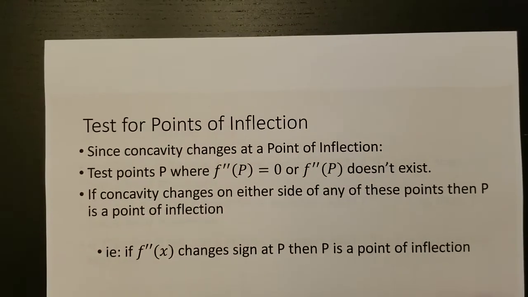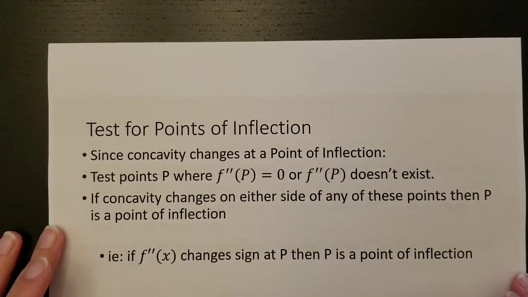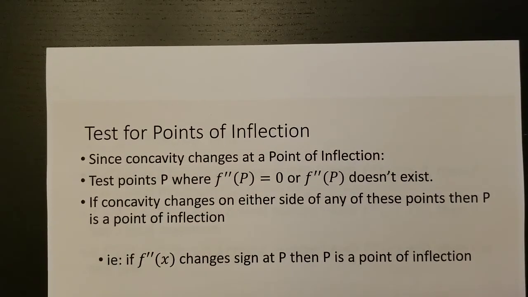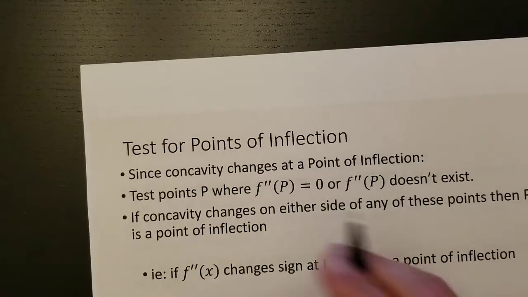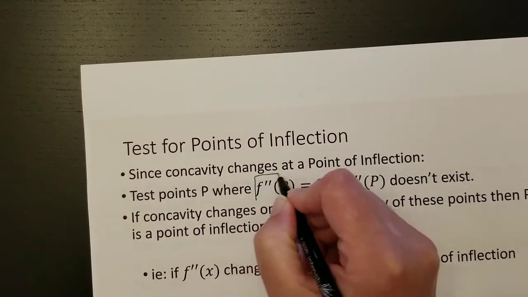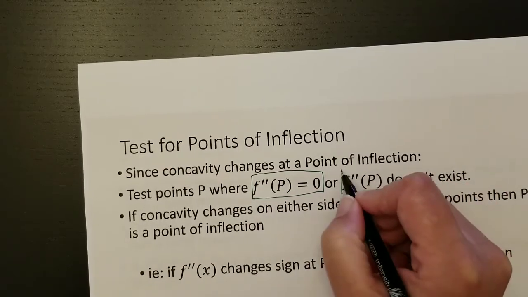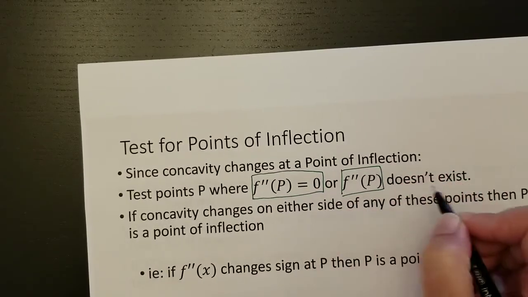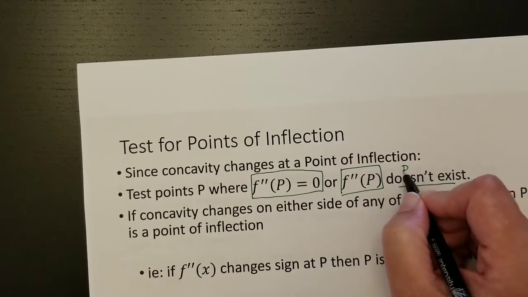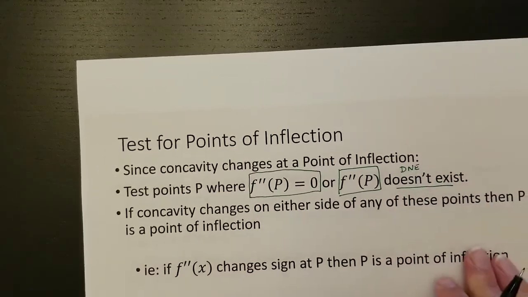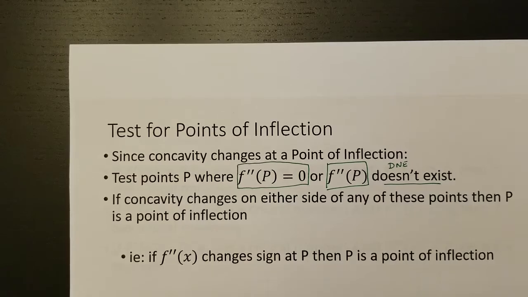We're going to test, again, very similar to your critical numbers with the first derivative, where the second derivative equals 0. These are potential points of inflection. Or where it does not exist. So we're looking for does not exist or equals 0, but now from the second derivative.